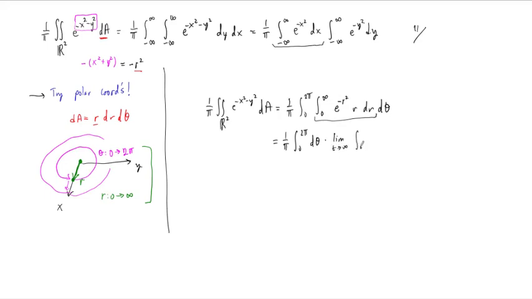This has to be converted to the limit as t approaches infinity of the integral from 0 to t of r e to the minus r squared dr. And of course we're going to make a u sub here and just let u equal r squared. So du should equal 2r dr, which means we need a 2 here and a 1/2 out here.